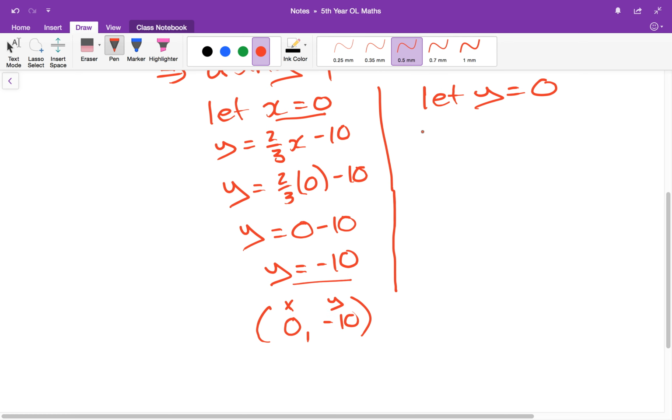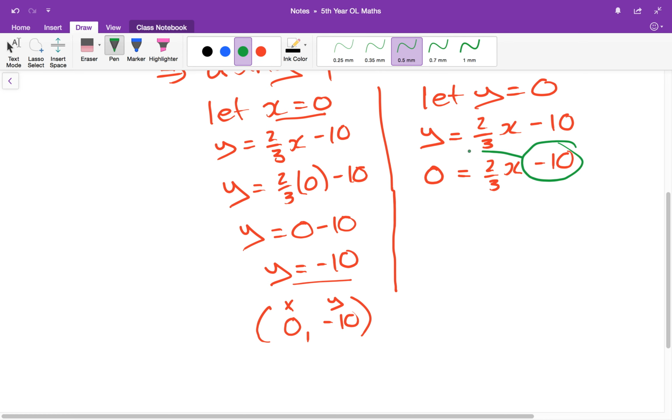Okay, then we go over and do the same thing, but this time we're letting y equal 0. So it's 0 here, 2/3 x minus 10. So we need to isolate that x, so we will take the minus 10, bring it across the equals, so it becomes a plus 10, and then we lose it from here. So we have 10 equals 2/3 x.